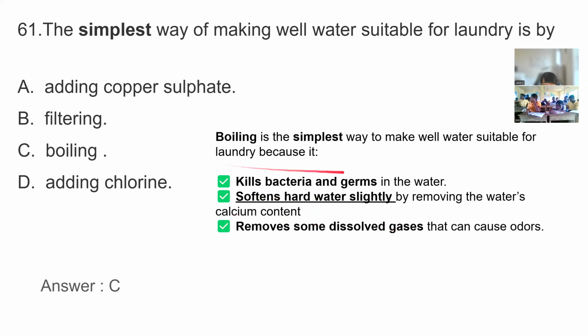So boiling is a really good way to make water cleaner. Again, part of it is because it kills bacteria and converts hard water to soft water by removing the water's calcium content.